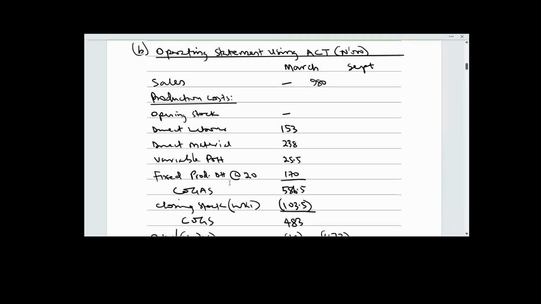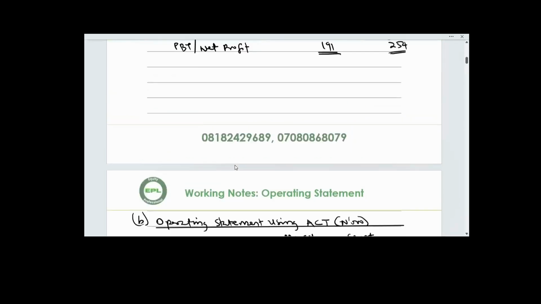Under September, our sales value is 1120. Production cost, opening stock for the period September is closing stock of March, which is 103.5. Here will be 103.5. Then direct labor is the same thing as you have under marginal.